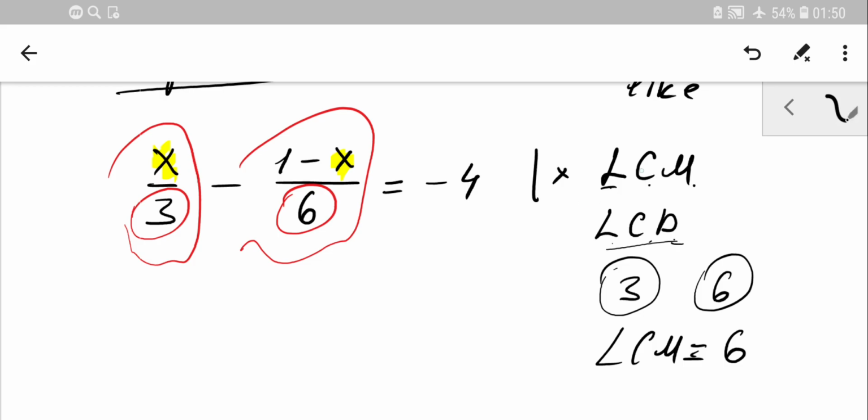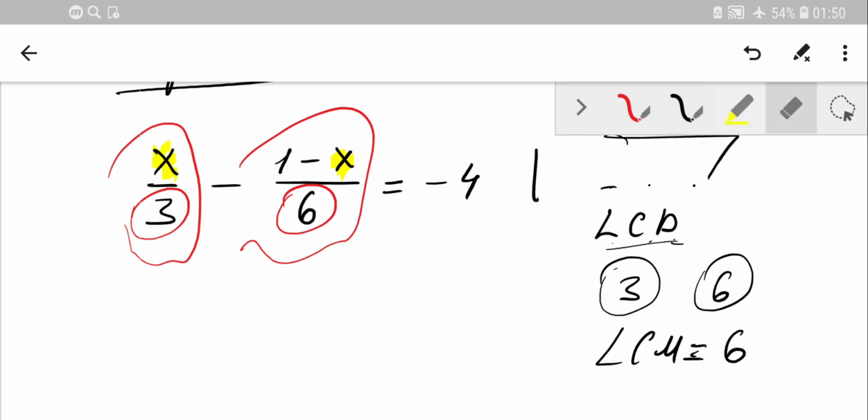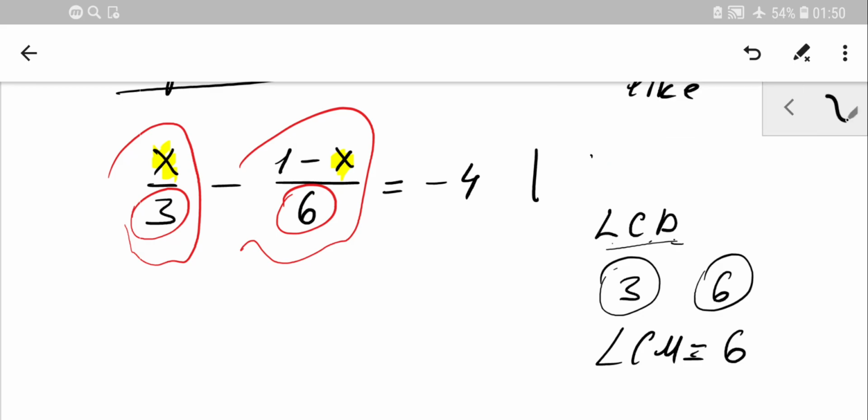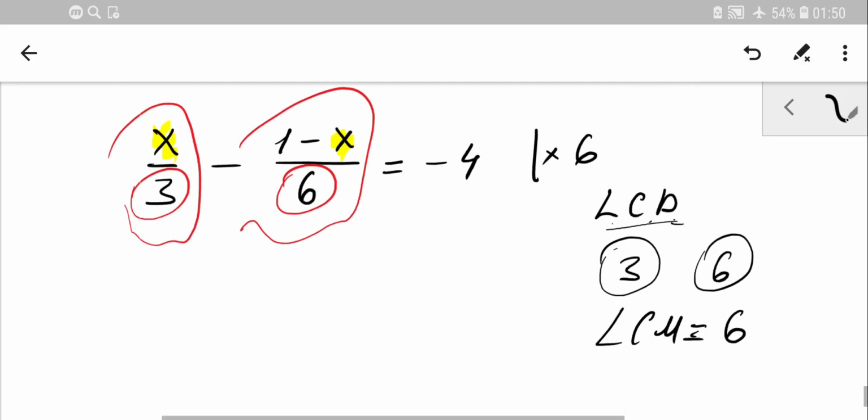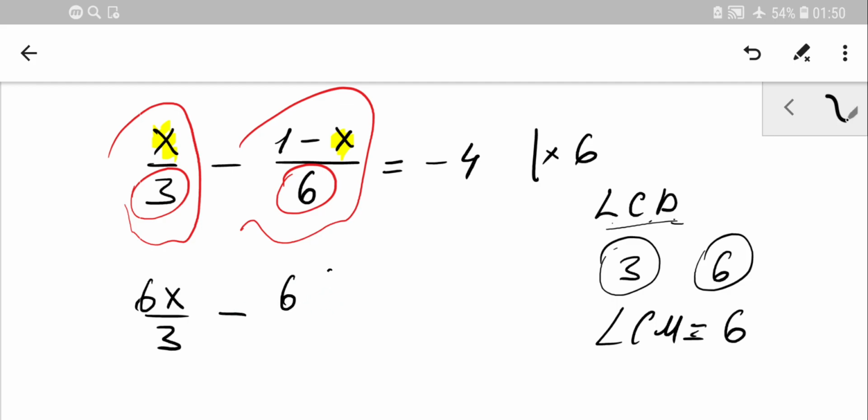That's why the LCM is the best idea here. You just need to multiply both parts by 6 in order to cancel our fractions. So from the first one, we'll get 6x over 3 minus 6 times 1 minus x over 6.